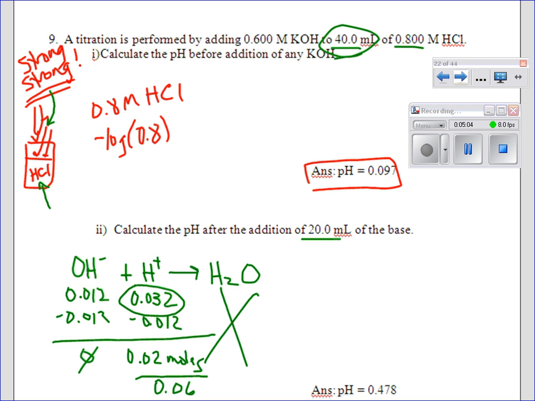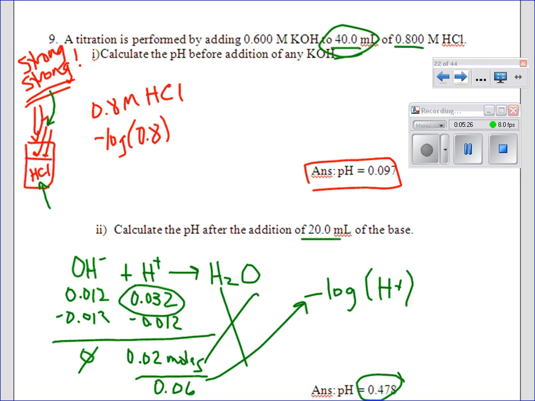And your pH comes out pretty darn close to 0.478, right? Okay, so again, you've got to convert to molarity before you actually try to take the negative log of the H plus. I guess I should say negative log for those at home.